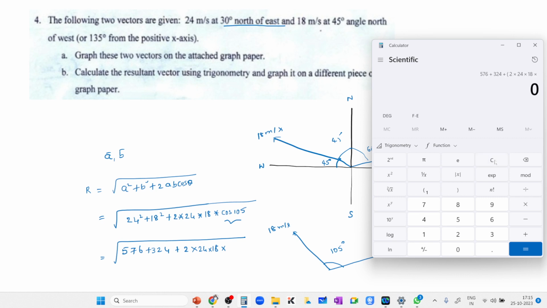So let me calculate again. First I'll calculate cos 105. I need to enter the number, right? Okay. So 105 cos.